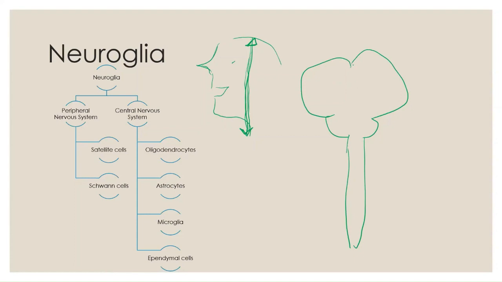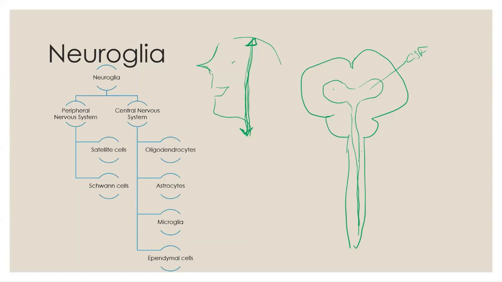So if you look at the brain in a coronal section, you have spaces within it. These are called ventricles, right? And they produce substance called CSF, cerebrospinal fluid.